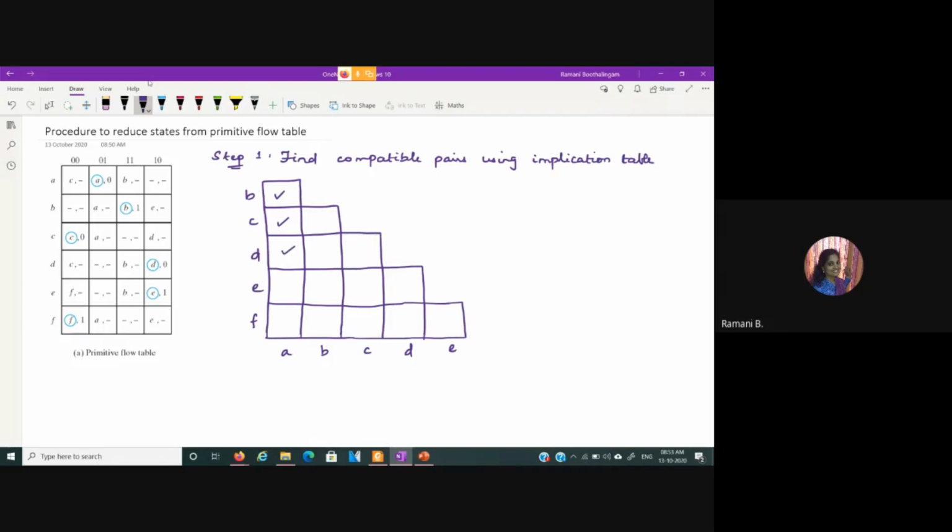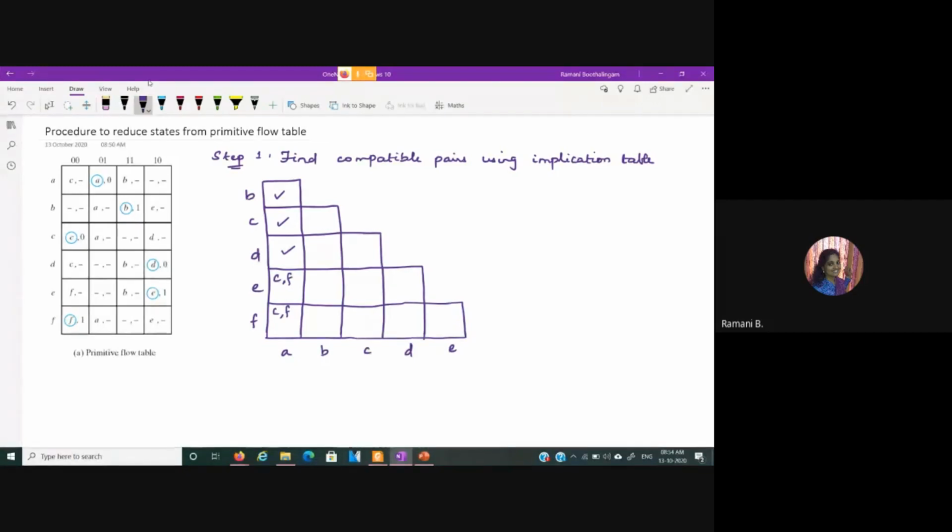Then A with E. Comparing, you have C and F, so we write C comma F. Other places we don't have any issue. Similarly for A comma F, again it is C and F, so we write that. Then we compare B with C. For the first three columns, you don't have any issue.